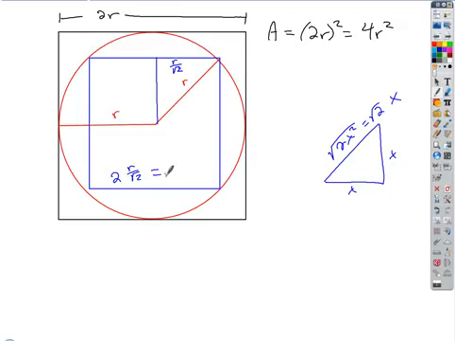What's 2 divided by the square root of 2? Square root of 2, yeah. So it's just the square root of 2 times r, right? So then the area of the blue square must be the square root of 2 times r squared, which is 2r squared. So the area of the circle has to be pinched in between those, right?